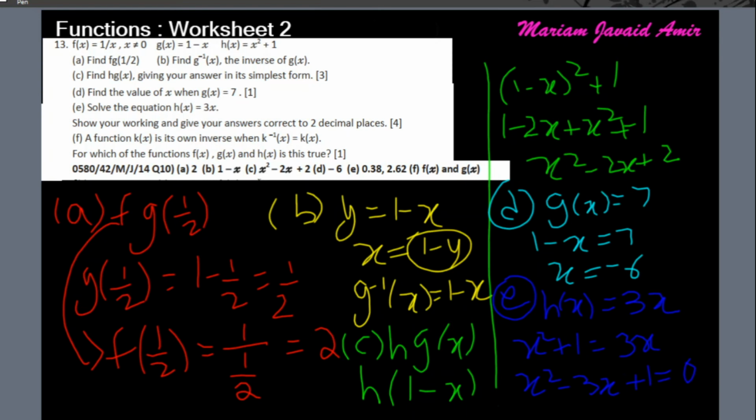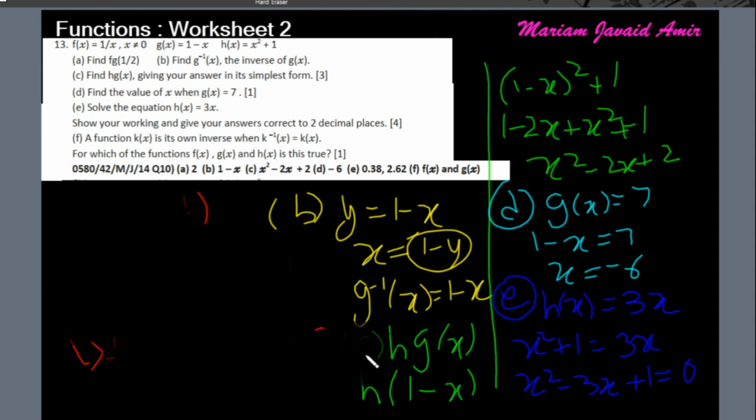We have to solve this using probably factorization. So let's see how that goes. x square minus 3x plus 1 equals 0.